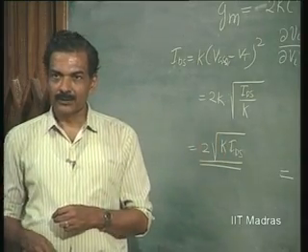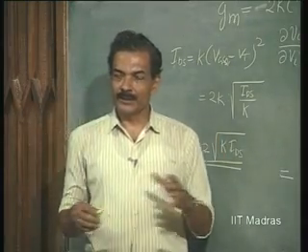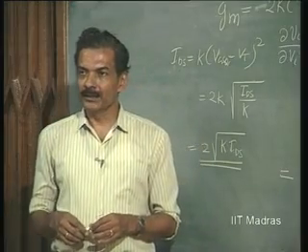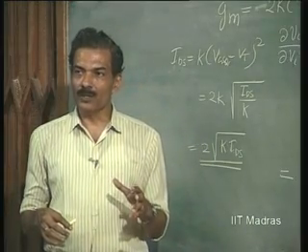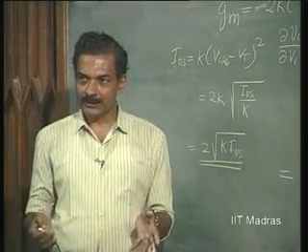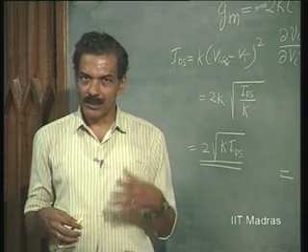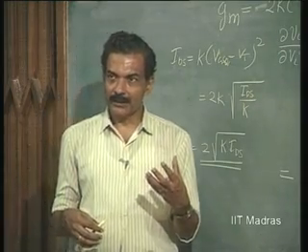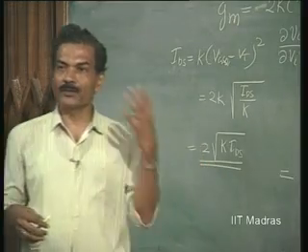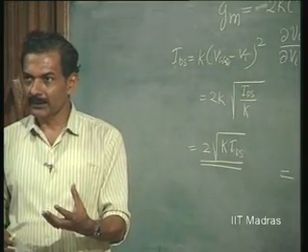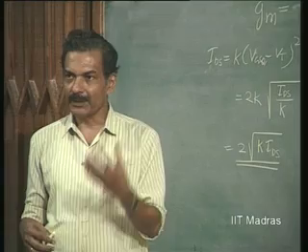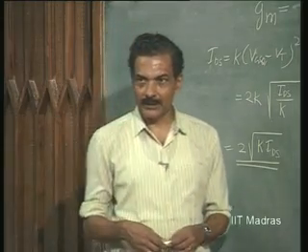So, if it is an amplifier that you are designing, it is advantageous to go for bipolar junction transistors rather than field effect transistors, because for the same dimension it is going to offer an order of magnitude better transconductance GM, and therefore it is better to go for bipolar junction transistors.